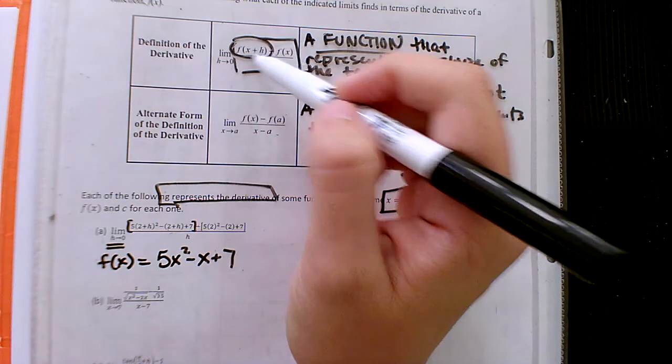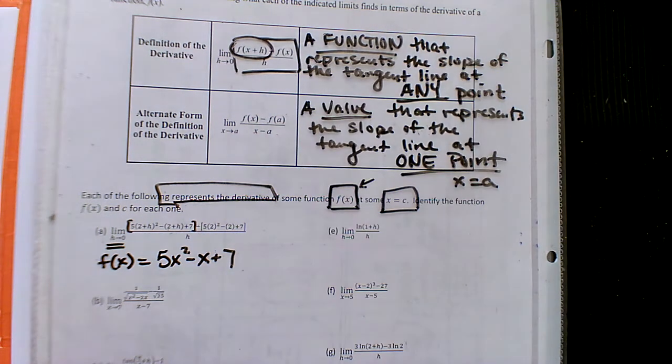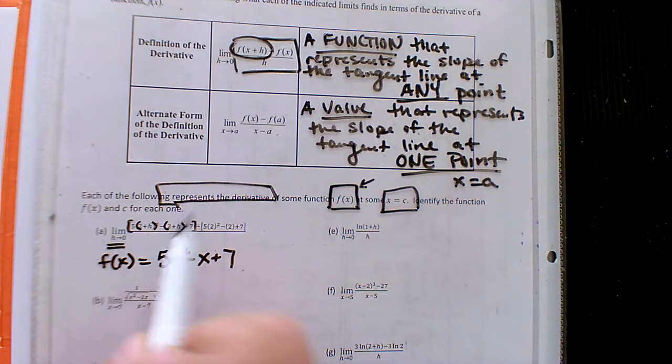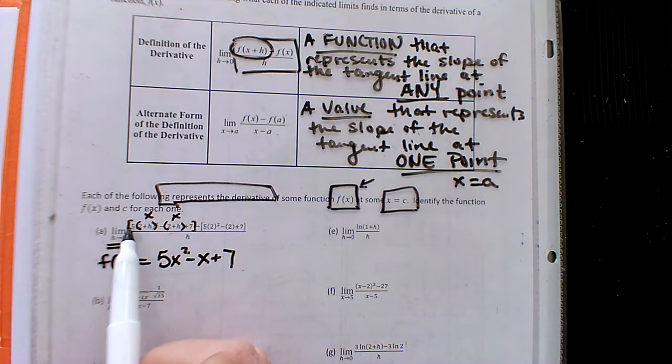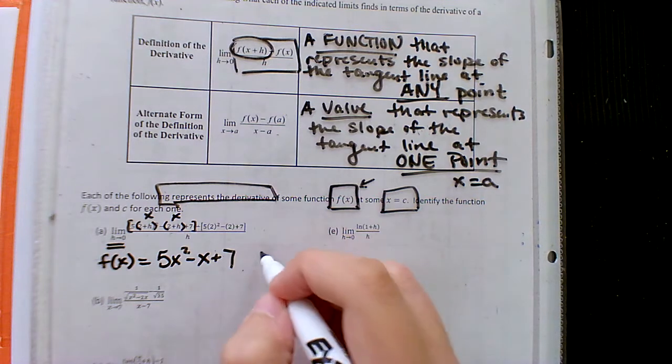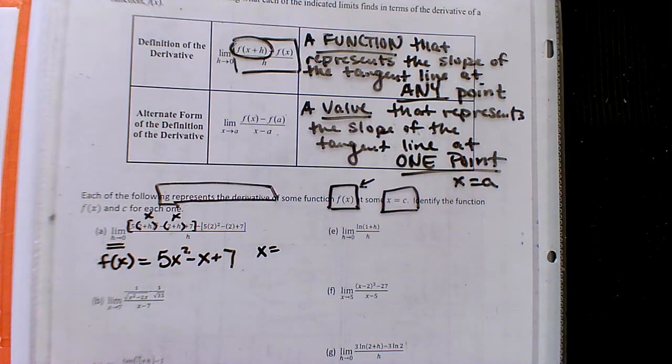So it's probably representing the x plus h we plugged into that. And if this is what you plugged in, it had to have originally been x's in order for you to plug it into that spot. So it looks like we have 5x squared minus x plus 7. So that's our original function. The question is, what is the x value that we are figuring out the derivative for in this specific limit?